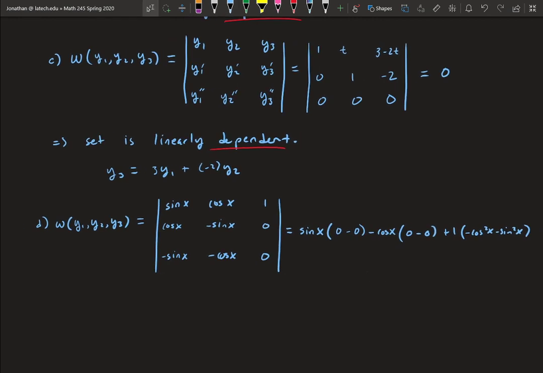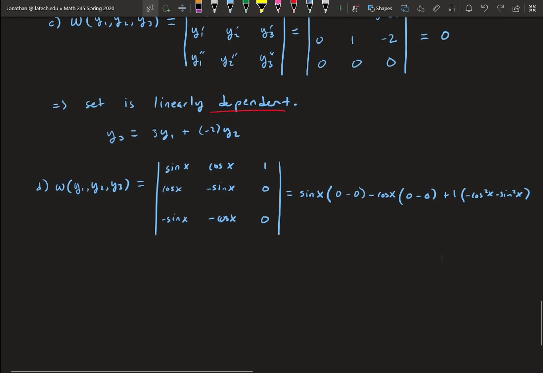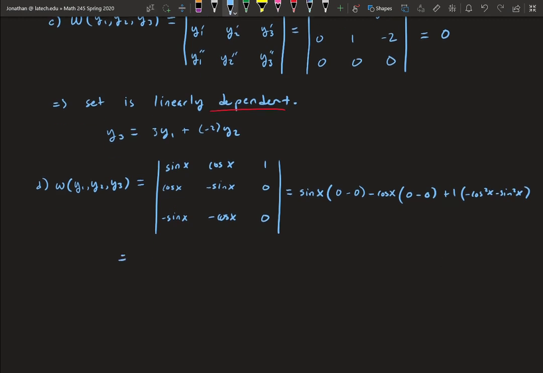So I'm just doing the 3 by 3 expansion, and that equals 1 times negative 1, which is negative 1, which is not 0. Therefore, the set is linearly independent.